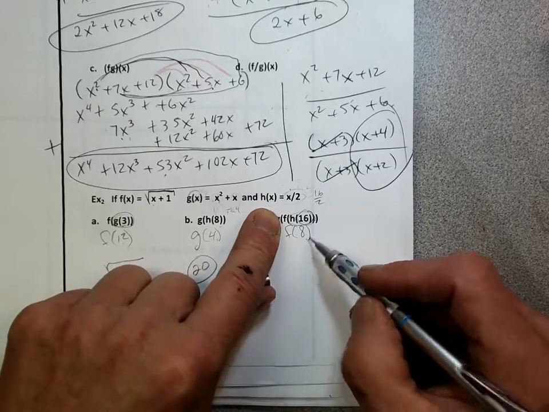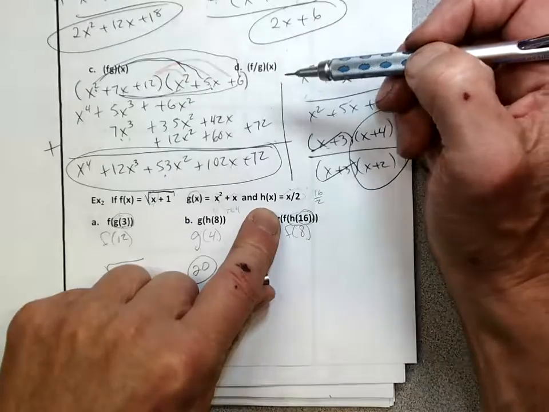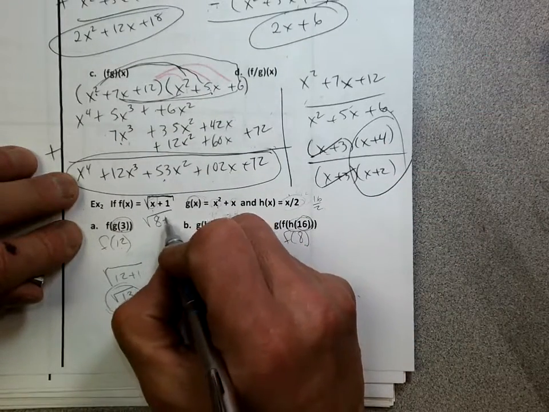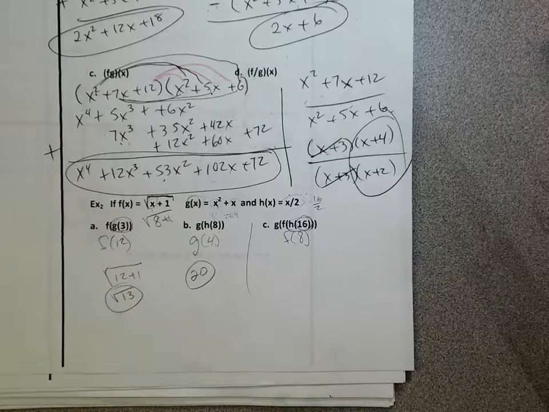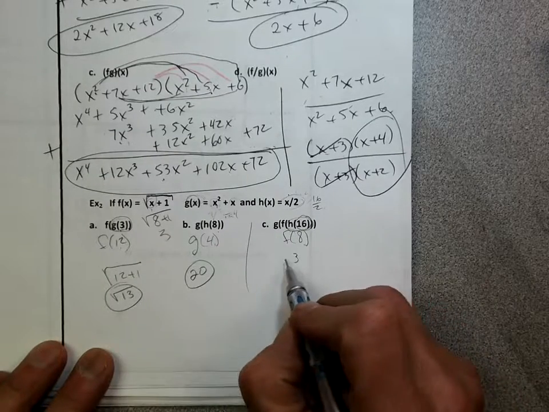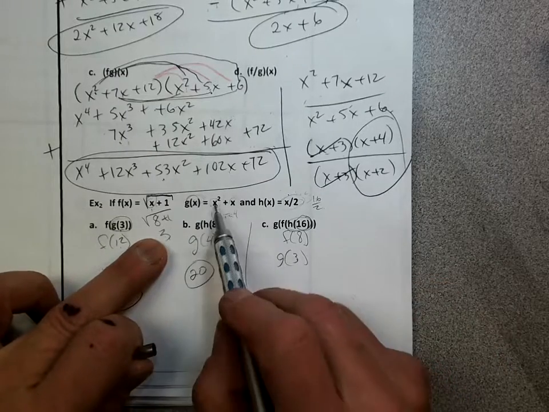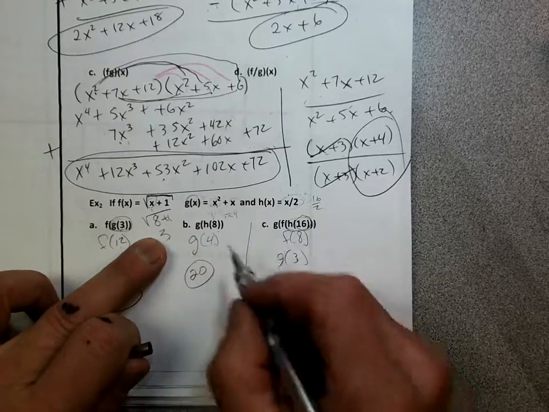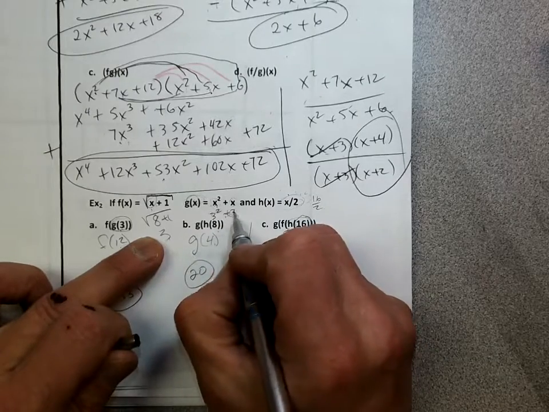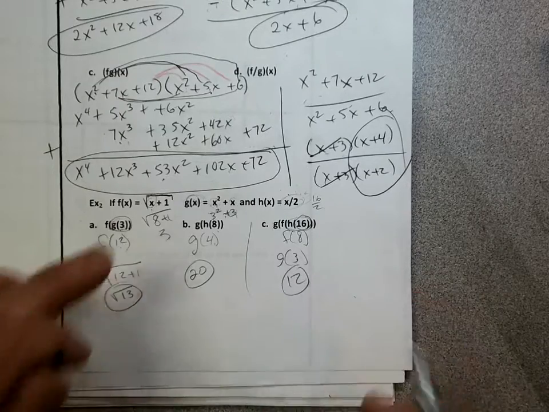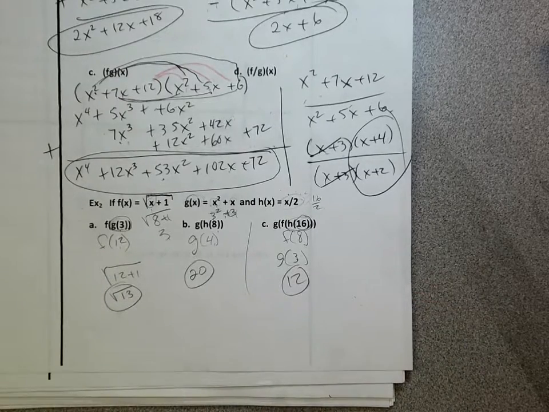The 8 goes into the f equation, so I'm going to have the square root of 8 plus 1, which is 9, and the square root of 9 is 3. Let's take g of 3. Take that answer, 3, and plug it into g, which is 3 squared plus 3. 9 plus 3 is 12. Thumbs up, sideways. Okay, all right. Turn the page.